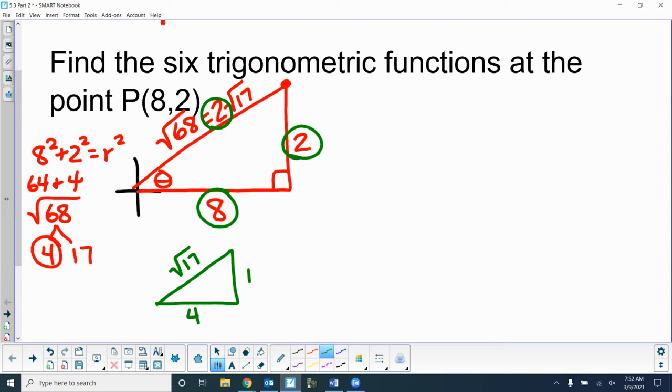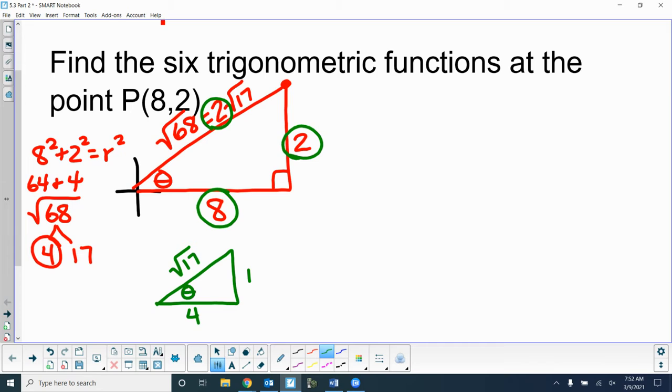Because when I end up reducing my fractions for sine through cotangent, those 6 fractions, I have to put it in the simplest form anyway, right? I'm going to have to reduce it. So I usually try to reduce beforehand. Okay, and again, remember, theta's back here in the corner.